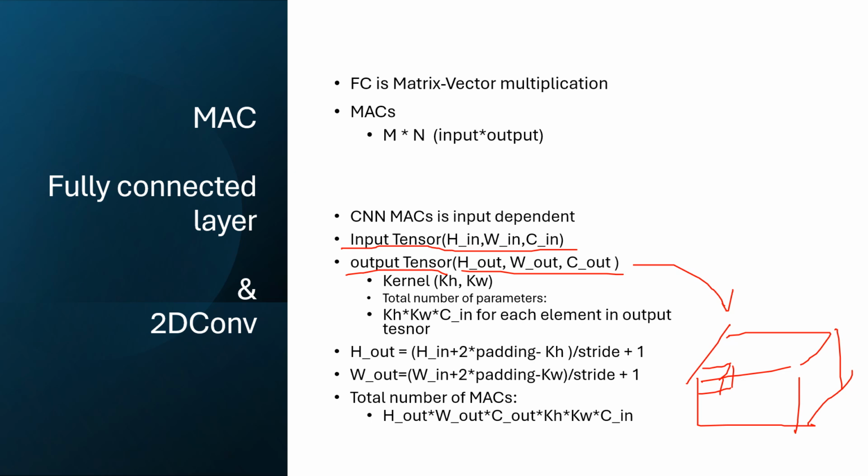This is the amount of calculation we need to do per kernel, because we need to multiply the kernel with the input. In total, this is the amount of MAC we need to do for this one element. And in total, in this volume, we have this many elements. So if we want to calculate the total MAC, this is the result.